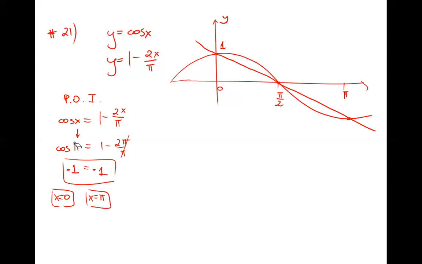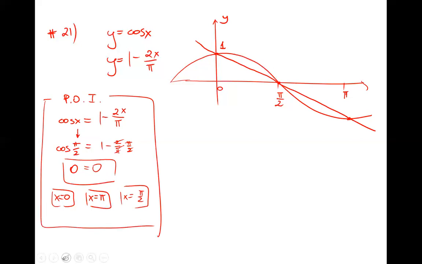And pi over 2, let's check pi over 2. Cosine at pi over 2 is 0. And if I put pi over 2, I have 1 minus 1, which is 0. Okay, that means pi over 2 works. And we do have these points. Okay, those are the points of intersection, again, by observing.